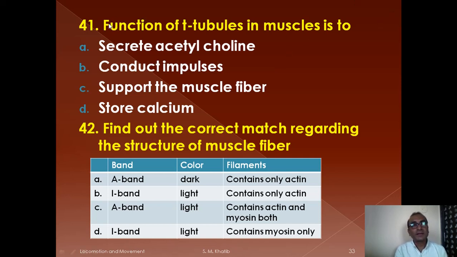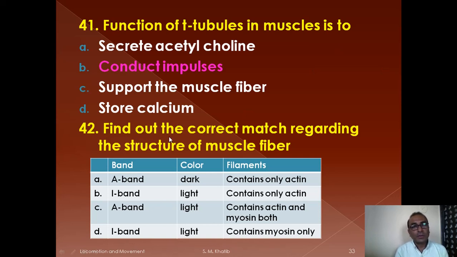So we see here that the function of t-tubules in muscles is to: A, secrete acetylcholine, no; B, conduct impulses; C, support the muscle fiber; D, store the calcium ion. So the right answer will be conduct the impulses, because the action potential will be transported from the membrane sarcolemma deep inside by the help of t-tubules.